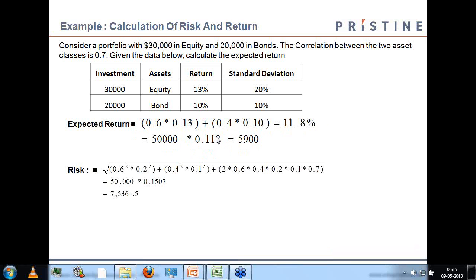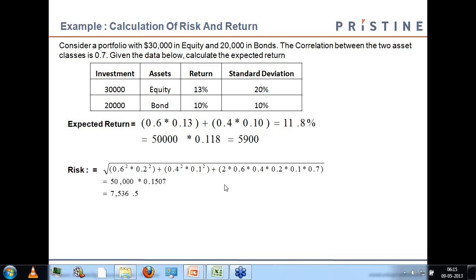We can find this in dollar value terms by multiplying this expected return with the total investment in the portfolio. It's 50,000. So multiply 50,000 with 11.8%, which is our expected return, to find the dollar value of our expected return.